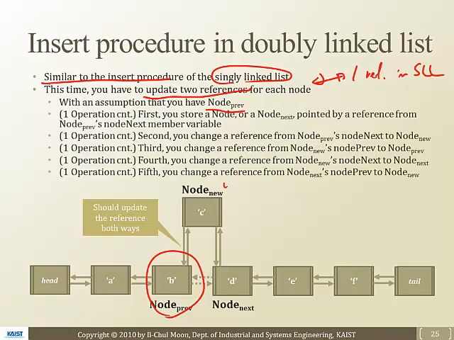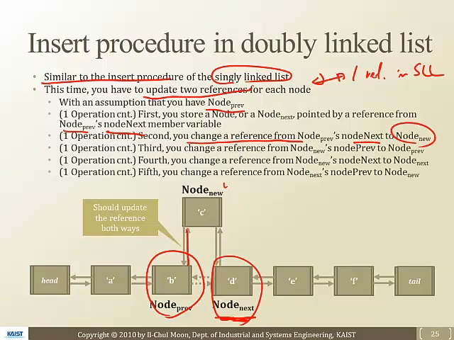First, you store the node next pointed to by the reference from node pref's next member variable. You have to store this somewhere. Second, you change the reference from node pref's next to the node new.